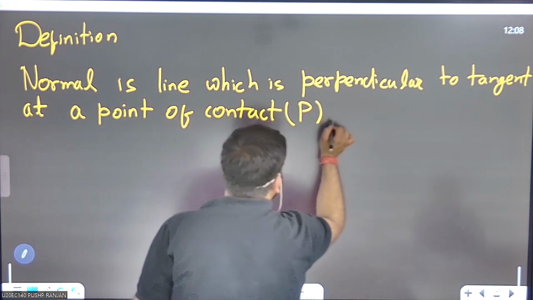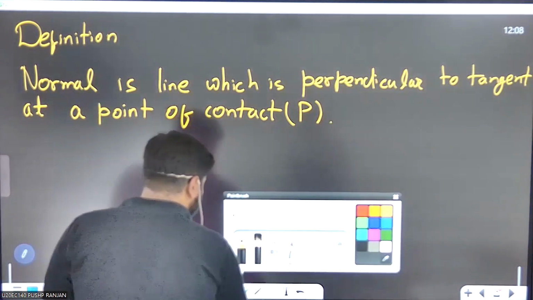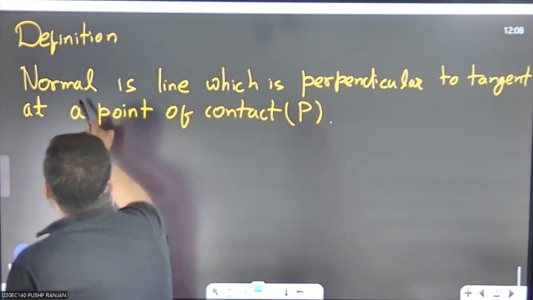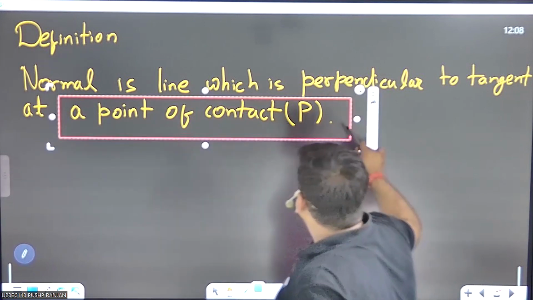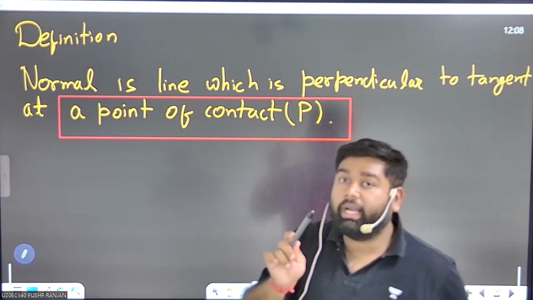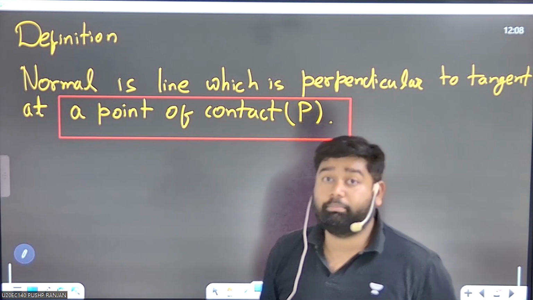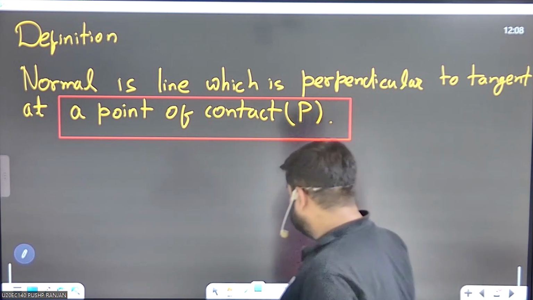Here we called it P because we have taken the point of contact as P. I'm going to put the words at a point of contact in a box. This is a very important thing. We have to keep in mind always that it is the line perpendicular to the tangent, but at the point of contact. You have to remember this point always.